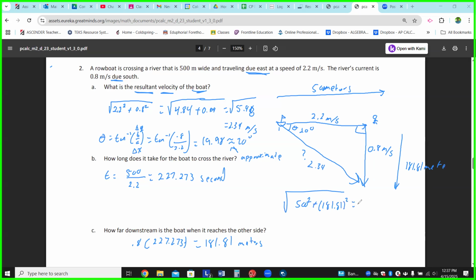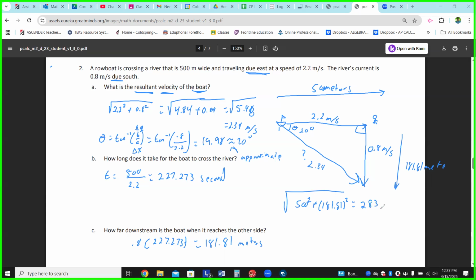What is this answer here, though? What is this one? 500 squared plus 181.81 squared. Should be more than 500. Maybe it's not.